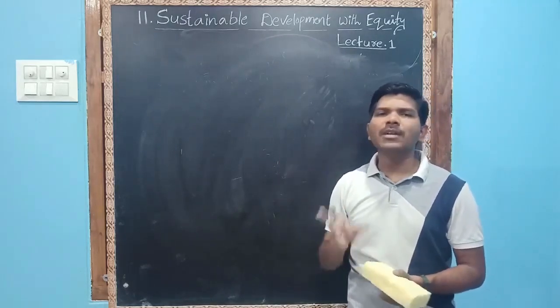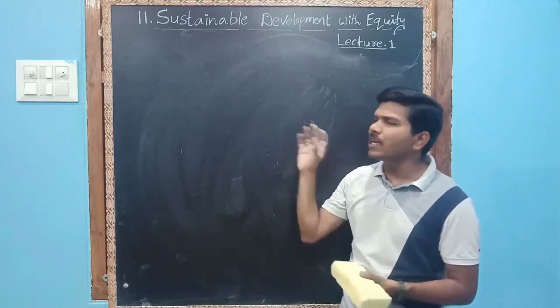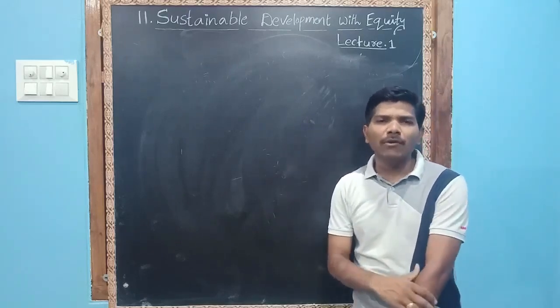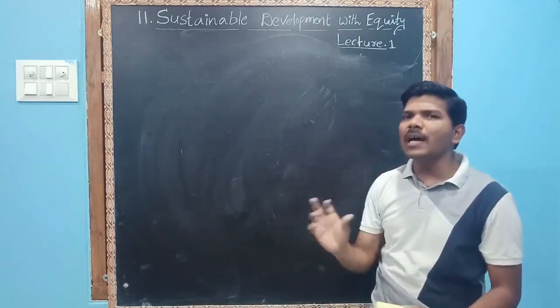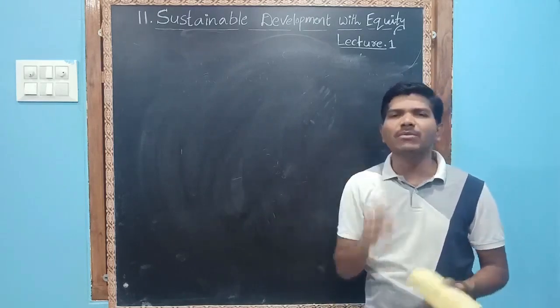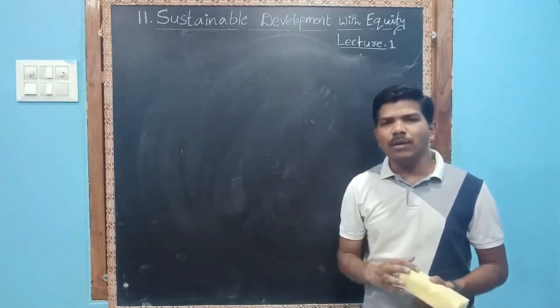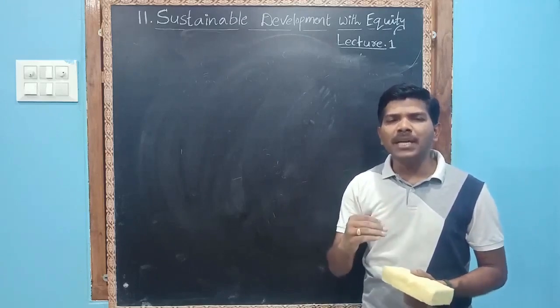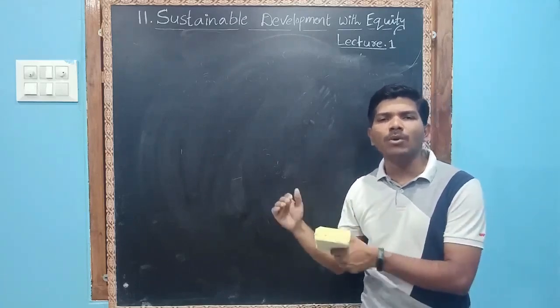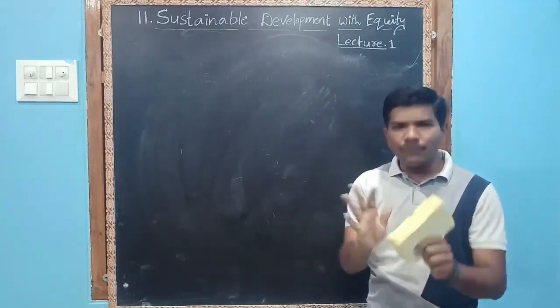Moreover, we also learned a new concept, that is sustainable development. In this lesson, the meaning of sustainable development is very important. What is sustainable development? Development that meets the needs of the present without compromising the ability of the future.